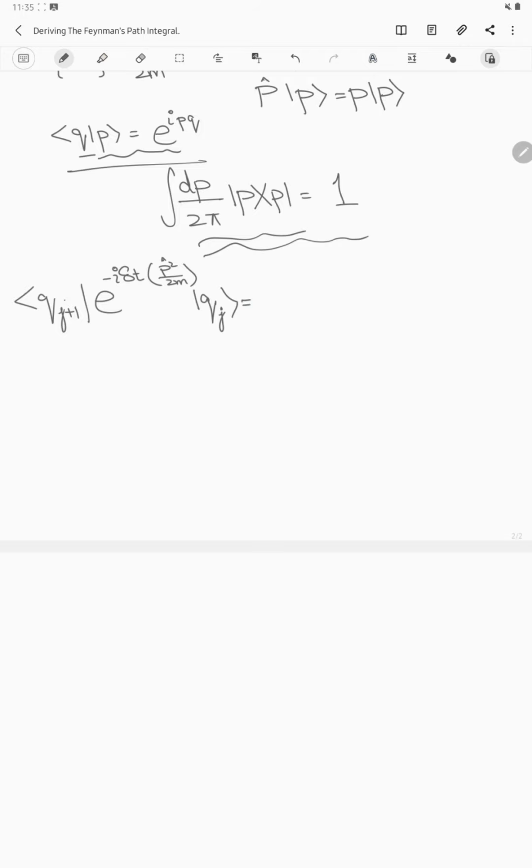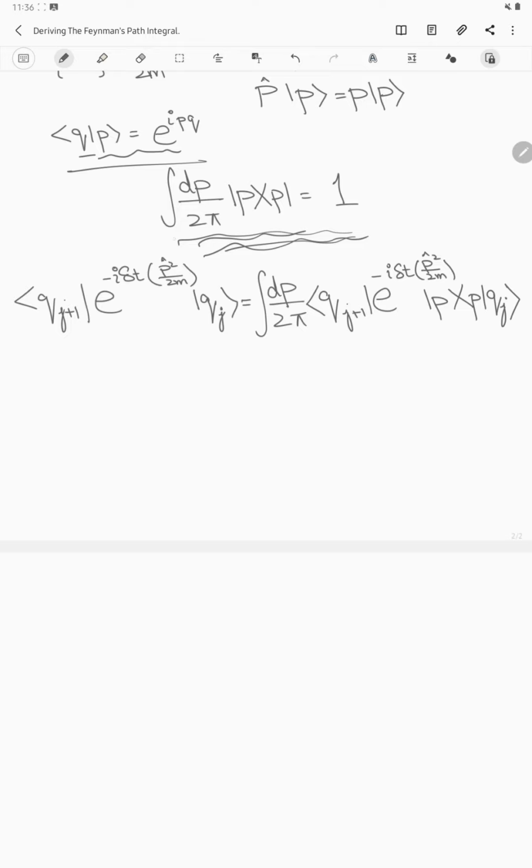Well, let's insert this thing in here. So you would have your integral dp over 2 pi, and you would have ⟨q_{j+1}| exponential negative iota delta t p hat squared over 2m, and then you would have your |p⟩, and then finally ⟨p|q_j⟩, right?